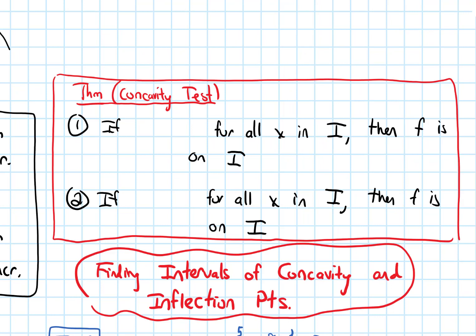I want to end this video with a theorem, which I'll call the concavity test. This will give us a quick way to check whether functions are concave up or concave down. It turns out that if our function's second derivative, f double prime of x, is greater than 0, if the second derivative is positive for all x in some interval I, then f is concave up on that interval I. But if the second derivative is less than 0, if it is negative for all values of x in I, then f is concave down.